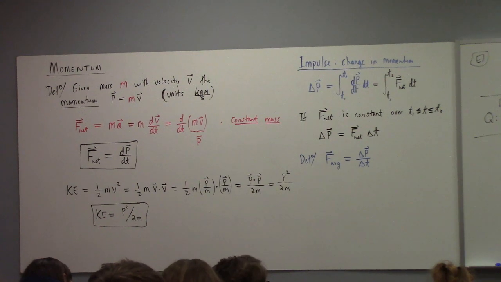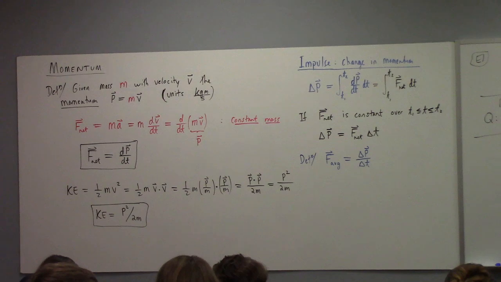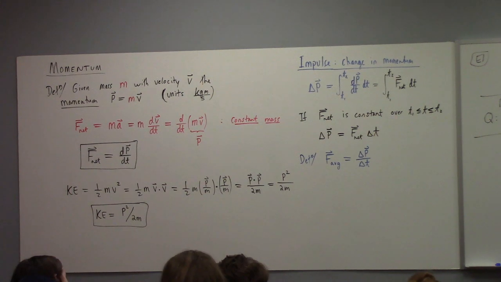So we can calculate this by calculating the change in momentum over the change in time. I also told you how much time it took in the problem, which I forgot to write down. This whole process, the rebounding, takes a delta t of 0.1 seconds.